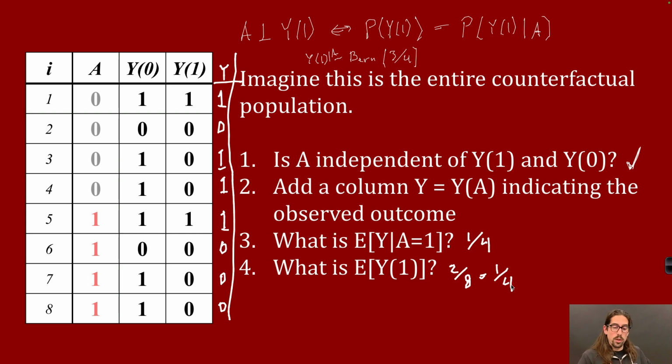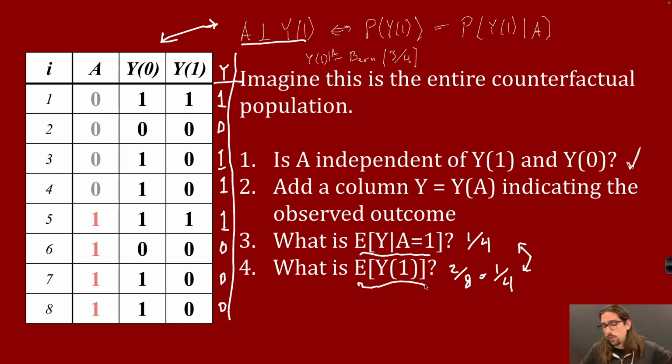So what you should notice is that this data generating process satisfies the condition that A is independent of Y1 and Y0. As a result, we have this equivalence between the mean of the observed outcome in a subgroup and the marginal mean of this potential outcome, which is really what we care about for causal effects.